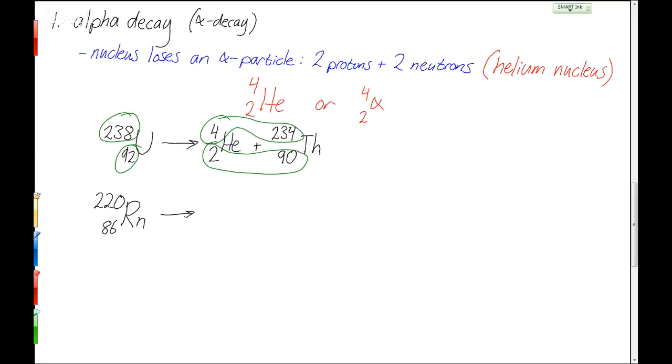Draw your alpha particle and then subtract the numbers and see what the new compound is. So hopefully your subtraction skills are all polished up.